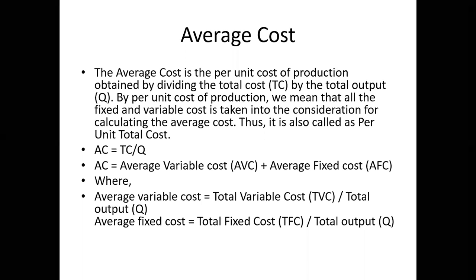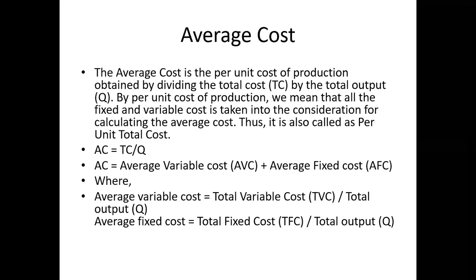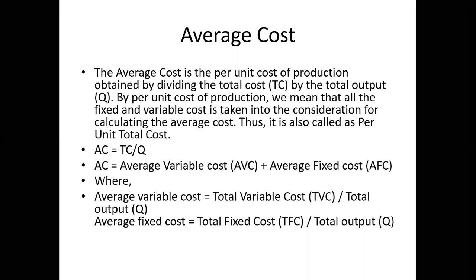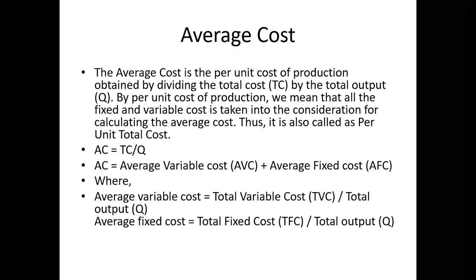So the average cost is the per unit cost of production obtained by dividing the total cost by total output. So what is total cost? The total cost is the summation of all the cost we generated when a production takes place.